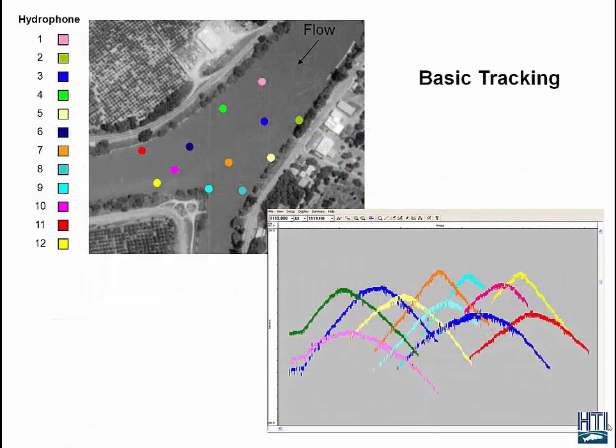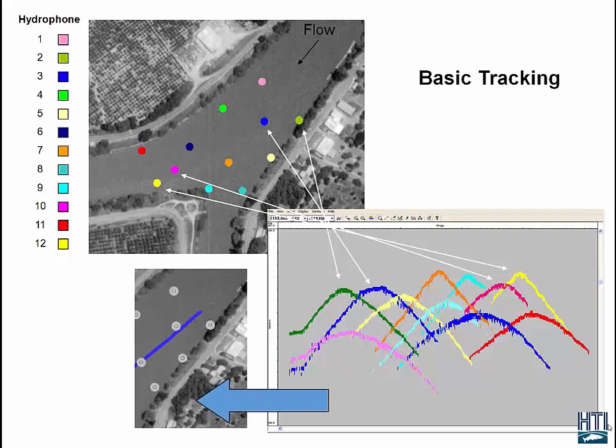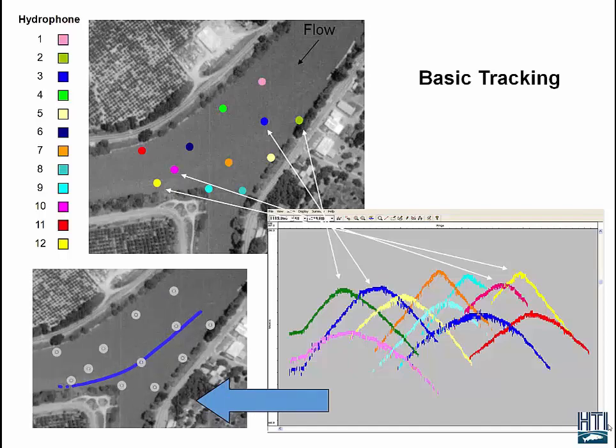Here, transmissions received at separate hydrophones are colored accordingly, for example, green to green, blue to blue, pink to pink, and yellow to yellow. The raw data here shows transmissions getting closer and then farther away from each hydrophone. This information is then combined to create a track that the tagged fish took.